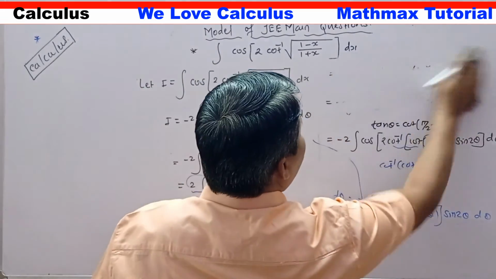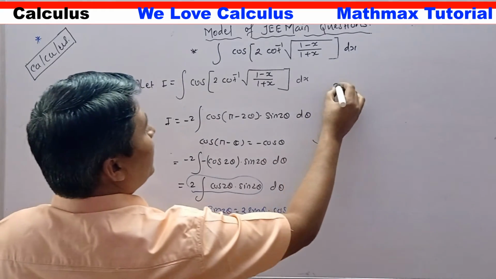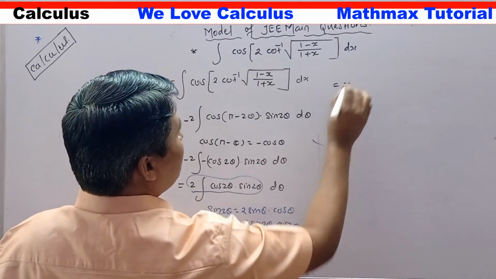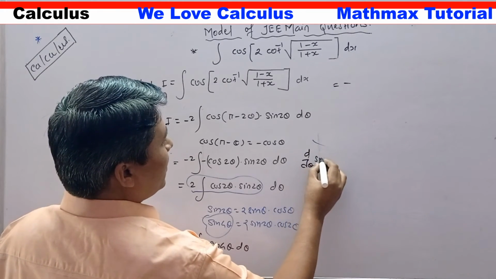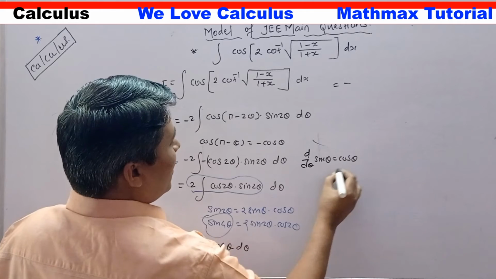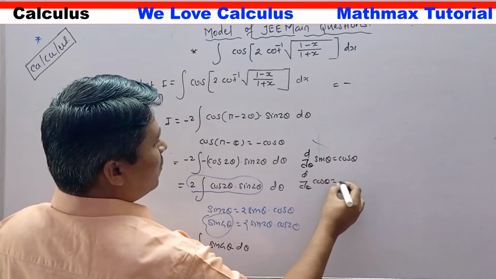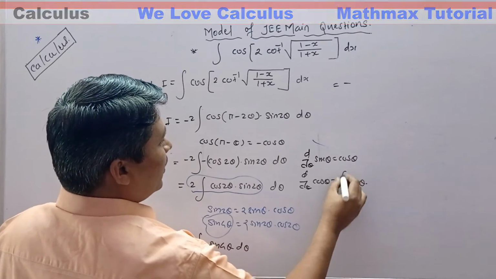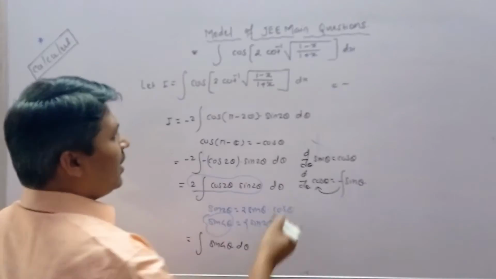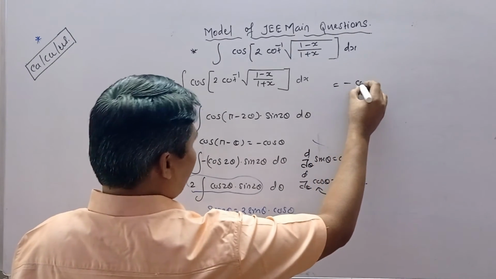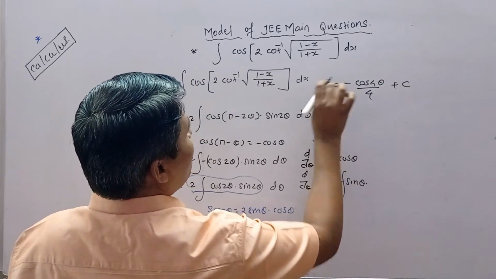Now the integration of sin 4 theta: the derivative of sin theta is cos theta, the derivative of cos theta is minus sin theta, so the integration of sin theta gives minus cos theta. That means we get minus cos 4 theta divided by 4, plus the constant.